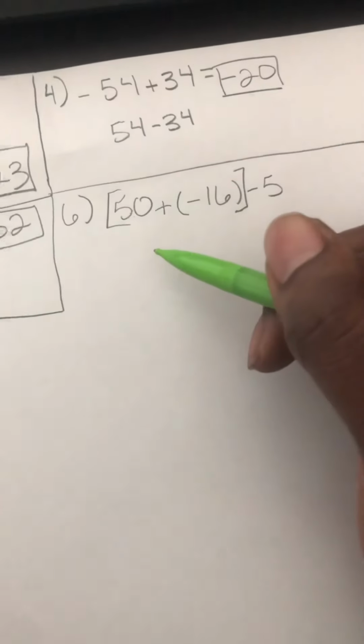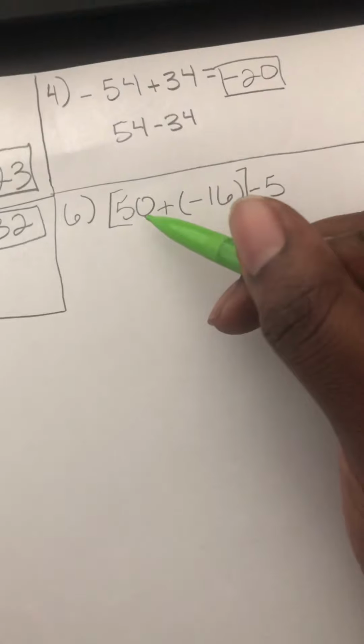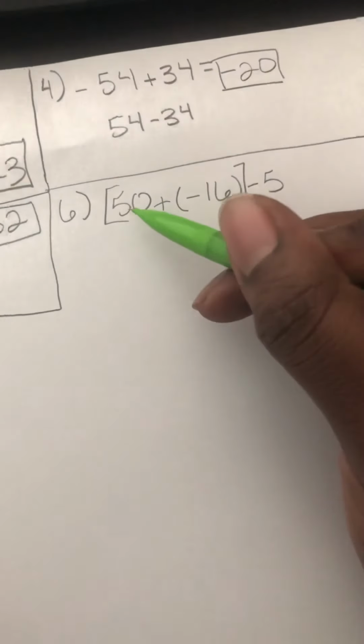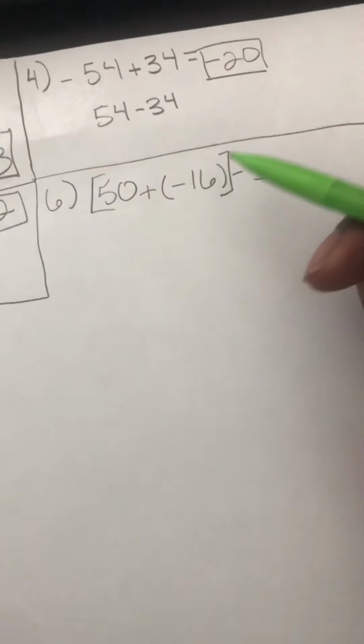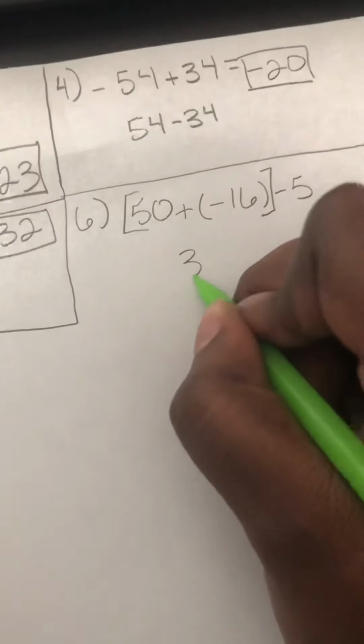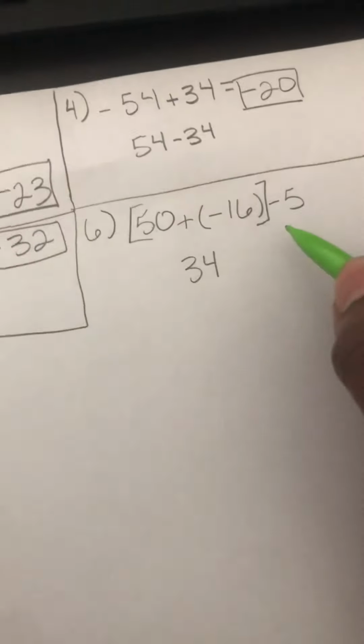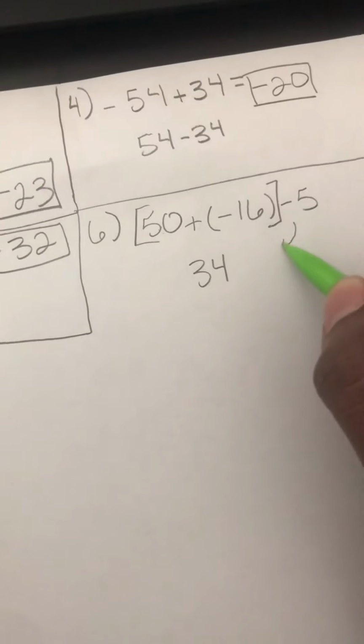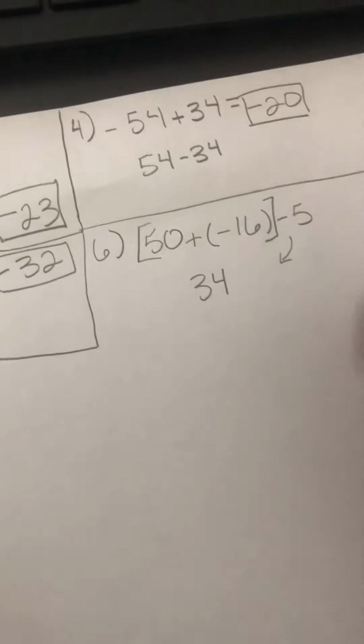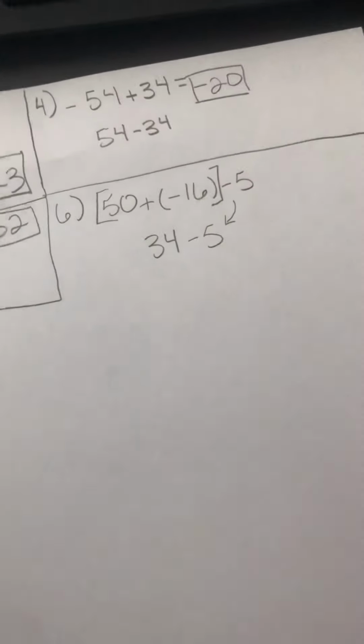So our answer is going to be positive. And then after that, we just straight subtract. So we're going to say 50 minus 16, which is 34. After that, we're just going to bring this down. And now all it says is 34 minus 5, which is just 29.